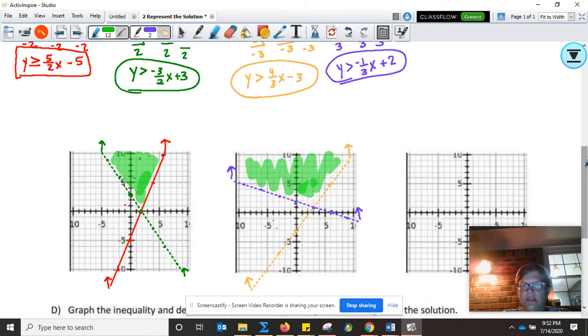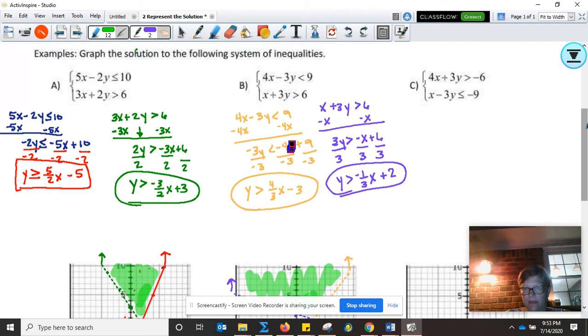So let's look at the third one. 4x plus 3y is greater than negative 6. So let's graph this. So I have 4x plus 3y is greater than negative 6.